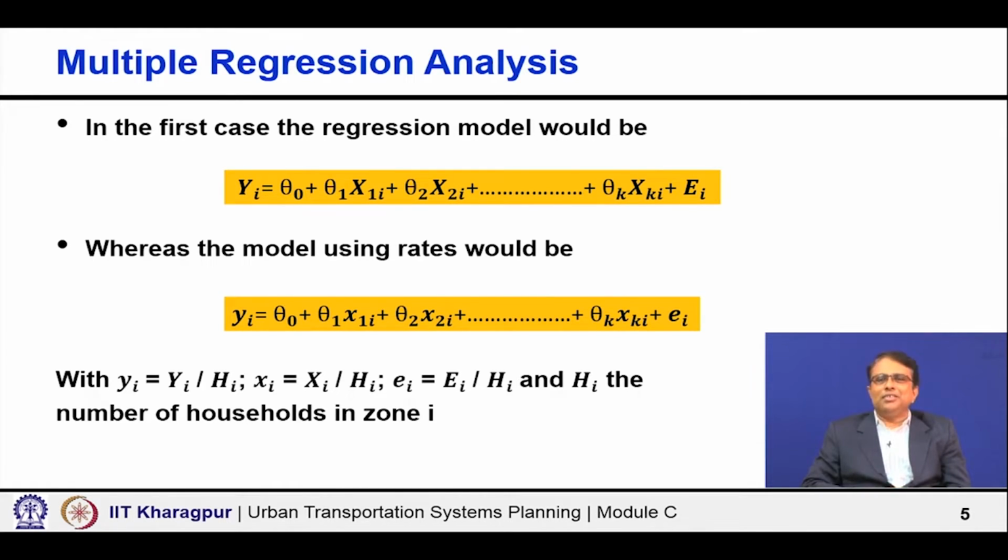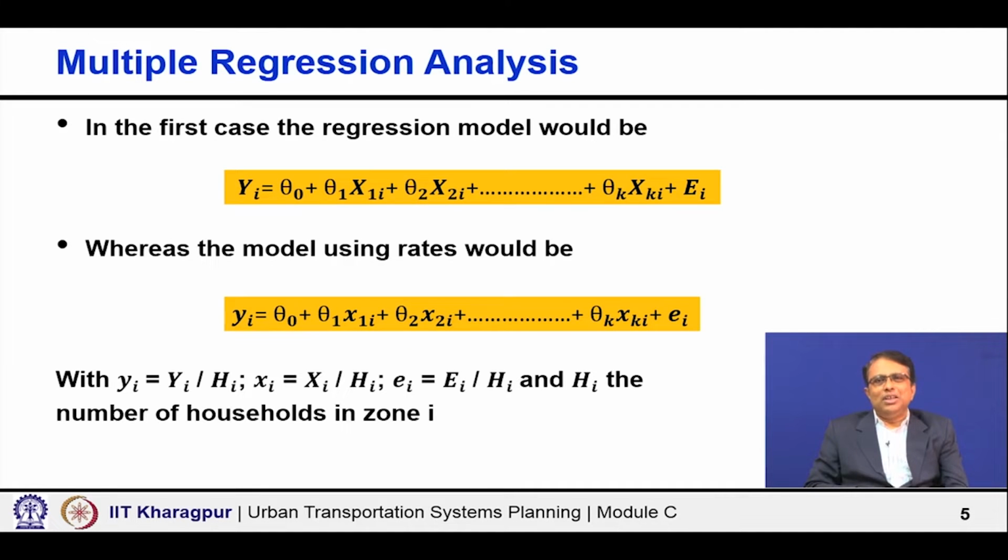But in this case, the number of households in zone 1, zone 2, zone 3, and like that for all n zones, may not be the same. They are unlikely to be the same. So actually H_i is also a variable, so the error term distribution will be different.